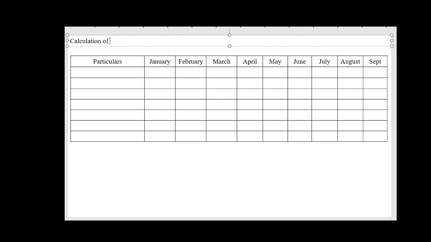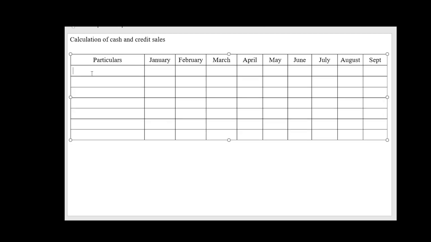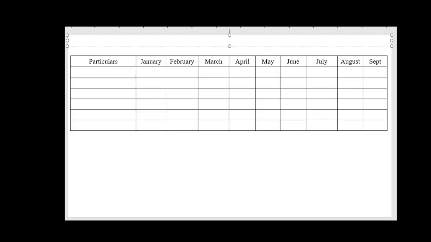So, calculation of cash and credit sales. We'll find out what is the total sales. Let us first sort out the total sales part into cash sales and credit sales. So, calculation of cash sales and credit sales.